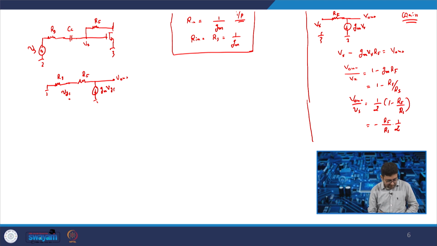Here we can directly write the KCL: V out minus VGS by RF plus Gm into VGS is equal to I out, because we are interested in finding the output impedance V out by I out.